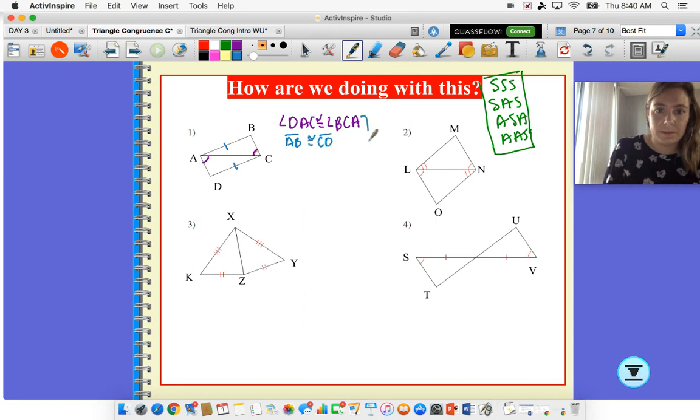Remember, this is given. I don't know if I'm going to do every single one for you, but I'll at least go through the answers. Is there anything else that's underlyingly there, not marked off, that we should look for? Yeah, they share this side right here. AC is congruent to AC. Remember, that's called reflexive.